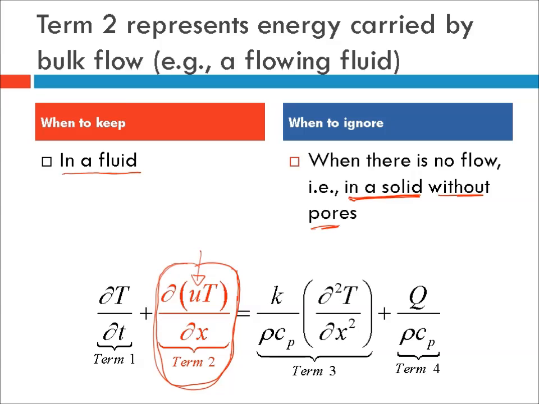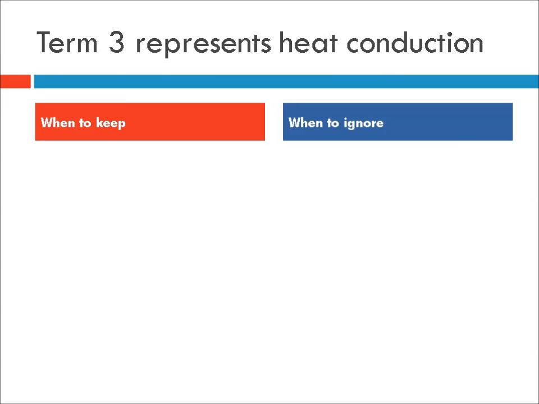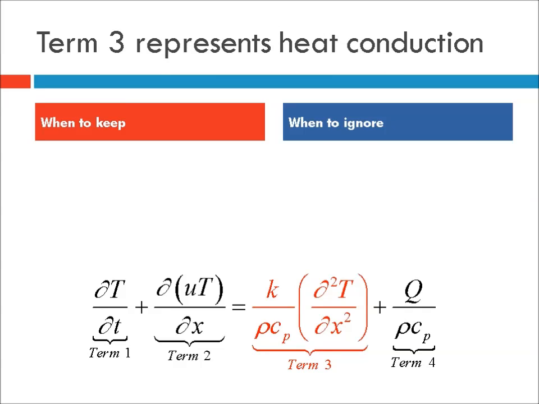Okay. Then next is term 3. Term 3 is this one. We can remind ourselves what this is about. This has thermal conductivity, so this of course has to do with thermal conduction. Now conduction is automatic. The molecules always have energy as long as they're above absolute zero.